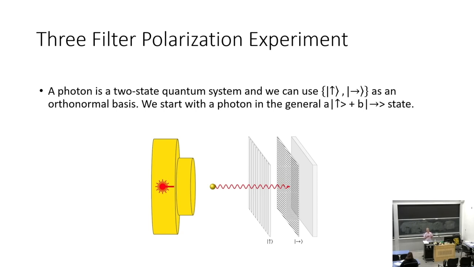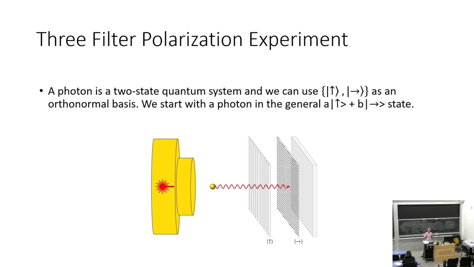So for a photon in a two-state quantum system, we can use the up and horizontal states as our orthonormal basis. And rather than thinking about a qubit making it through the 1 and 0 blocker scenario, we can consider a photon passing through or being absorbed by a polarization filter. And so we start with the photon in our general state, A up plus B horizontal. A vertical polarization filter will absorb the photon with probability A squared and pass it through with probability B squared.